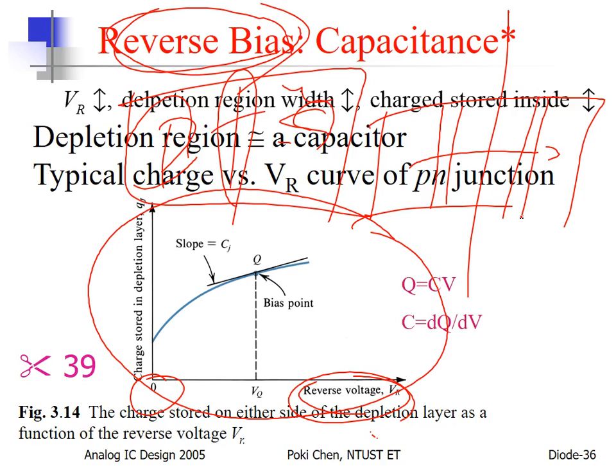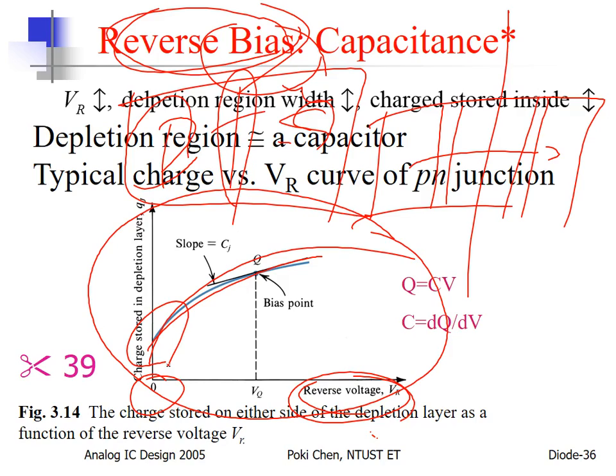Got it? The more reverse bias, the even harder it is for the charges to diffuse to the other side. So you can see the curve looks this way. From the beginning, it is easier because the barrier is so low, it's easier for you to diffuse to the other side.